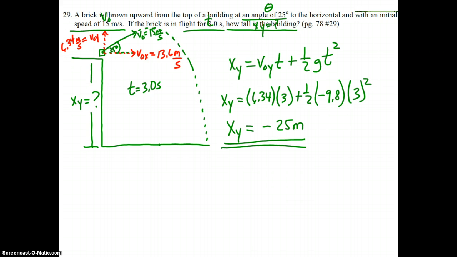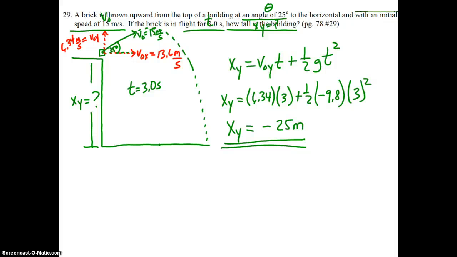Now, you may be wondering, why is this the height of the building and not the total height of the projectile from the peak of its flight? Remember that this is displacement. So this is the vertical displacement, in other words, where it ends up relative to where the brick started from.